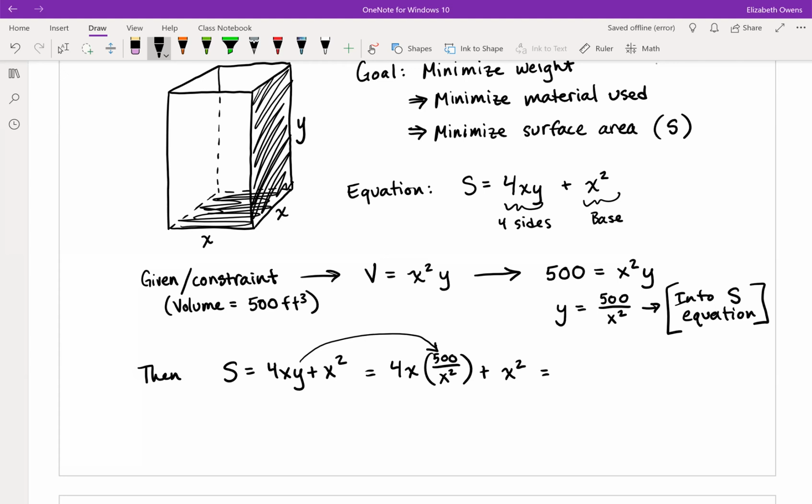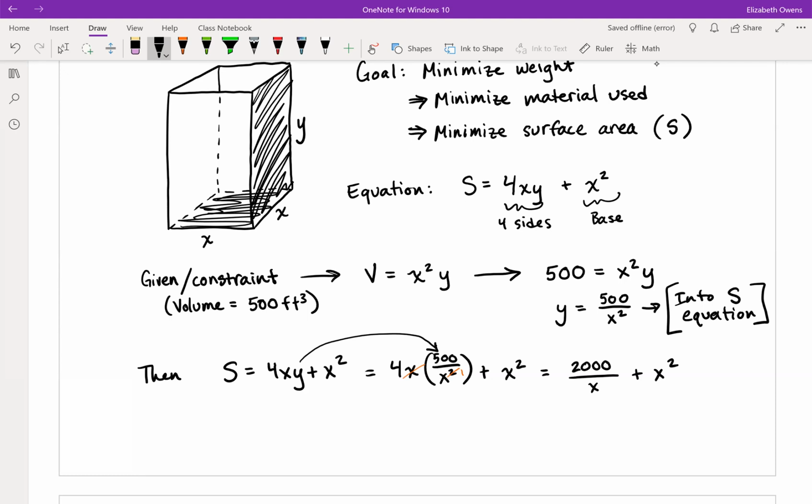And you can actually do a little simplification now. Cross out one of those x's, and you can multiply 4 times 500 as well. You'd have 2,000 over x plus x squared.